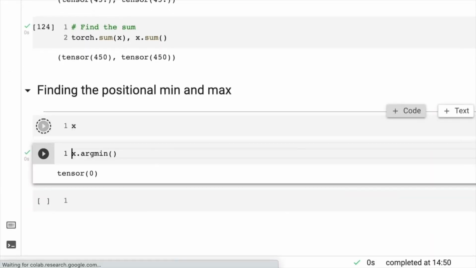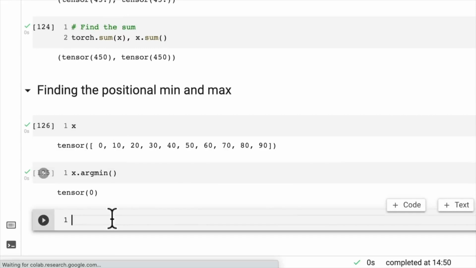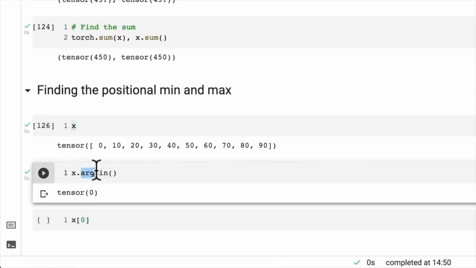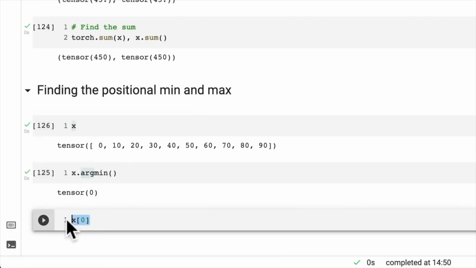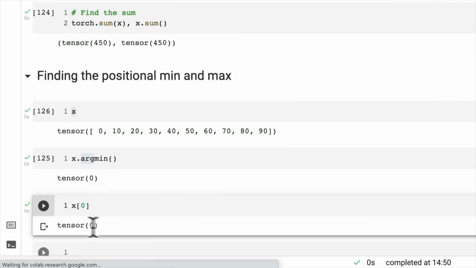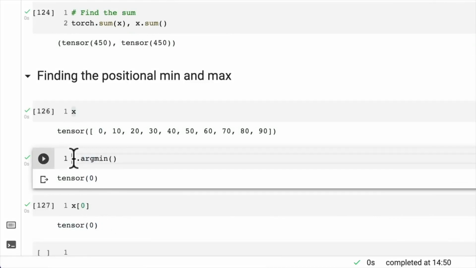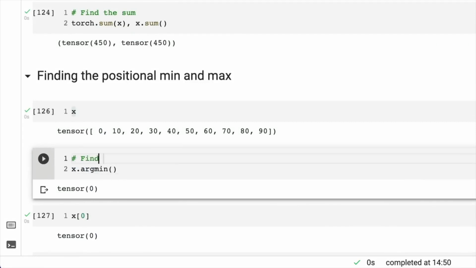So this means at tensor x, if we find the argument that is the minimum value, which is 0, at index 0 we get the value 0. And this is an index value. So this is what argmin stands for. Find the position in tensor that has the minimum value with argmin.